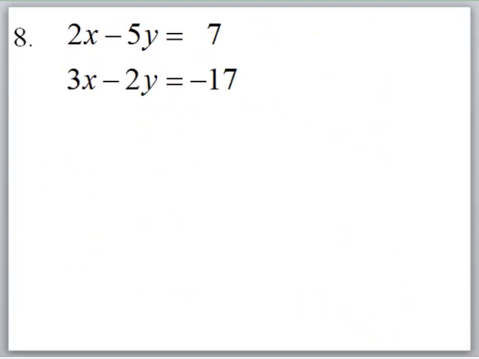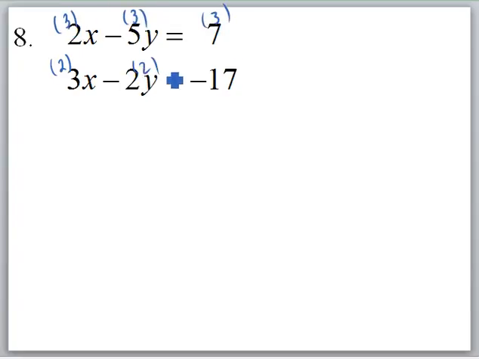In this next problem, and this will probably be the last one I have on this section, I noticed that neither one of these is easy to get rid of. I can't make the 2 a 5, I can't make the 2 a 3, so I'm going to multiply this one times 2 and this one times 3.